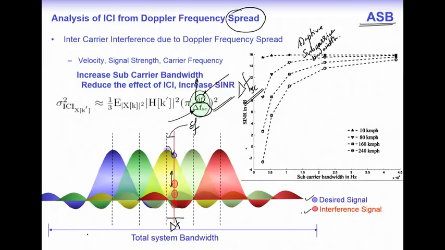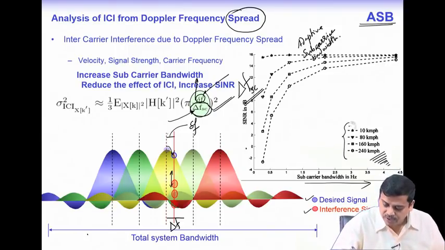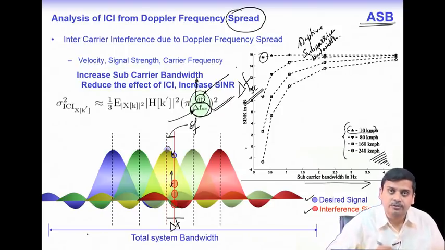So, as you keep increasing the subcarrier spacing on this axis, these different curves are for different mobility conditions that we had tested a long time back. We are not introducing a newer set of values, because this is an earlier work that we had done. What you see is that at 10 kilometers per hour, you get a certain signal to interference ratio.